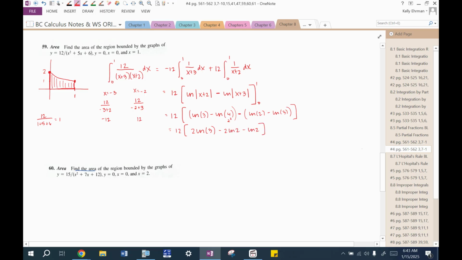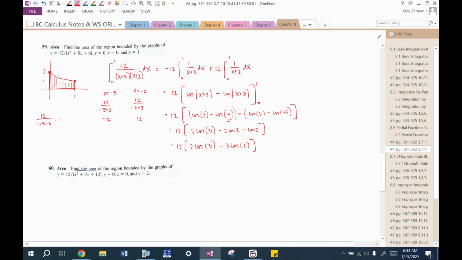Do I have to go through simplifying all this stuff? No. But I was just trying to combine like terms. So I'm just kind of showing you some possibilities for what we might see. I don't know if they would really do all of this natural log work for a multiple choice question, but I'm just showing you where things could go. Or I could also just do the math.